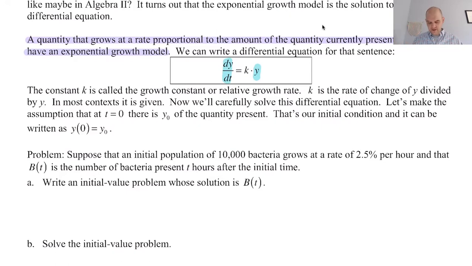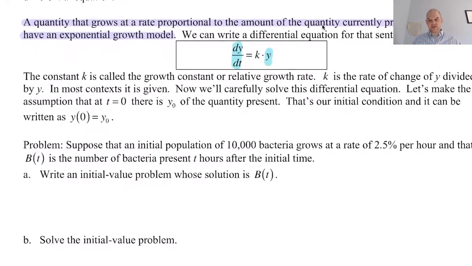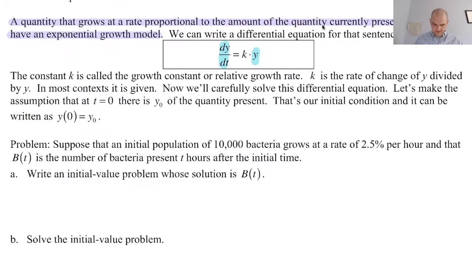So there's actually a really specific solution to this. So I'm going to solve it in this tiny little space here. And what I'm going to do is I will separate, so k dt. I will integrate.